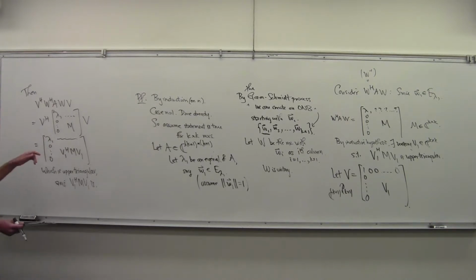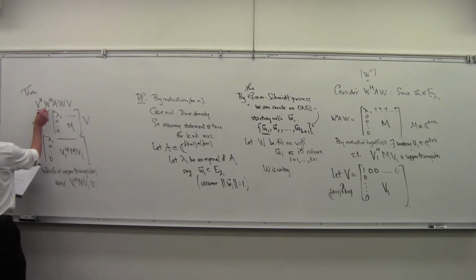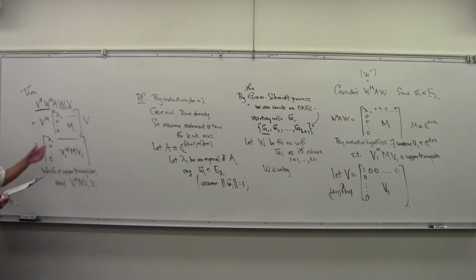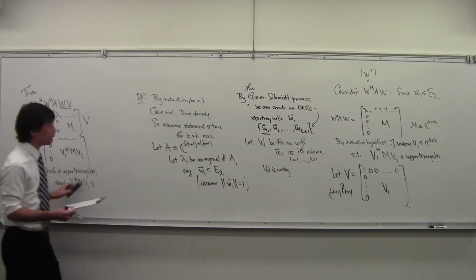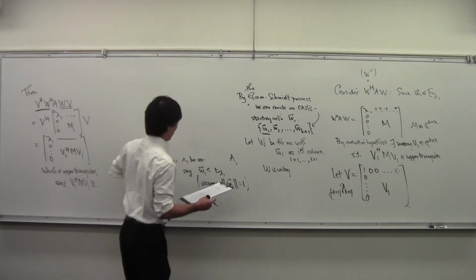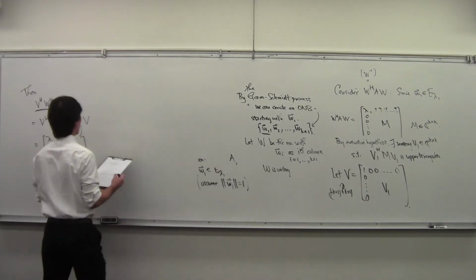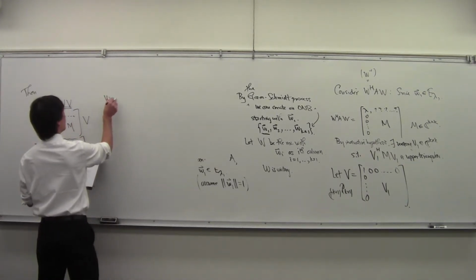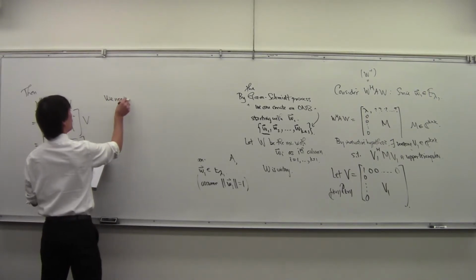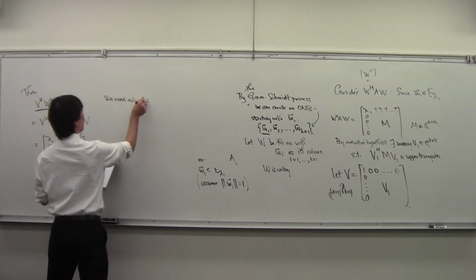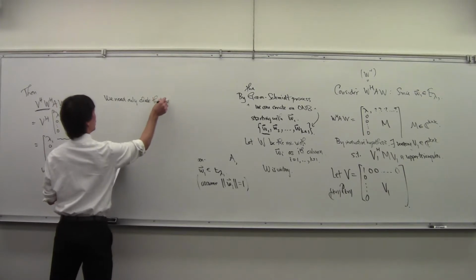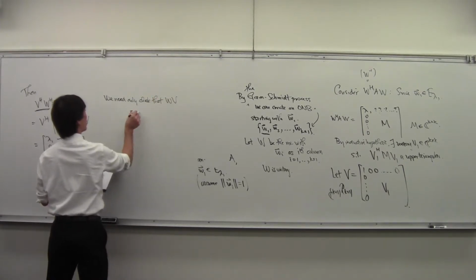Okay. So what we've done is conjugated A by WV and gotten an upper triangular matrix. So the only thing we need to do is check that WV is unitary.